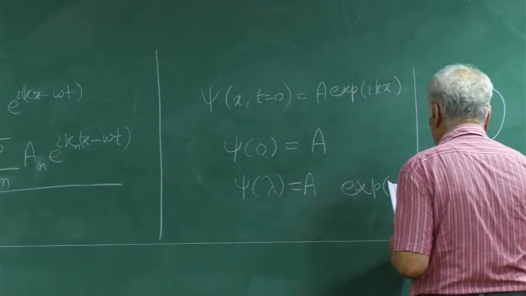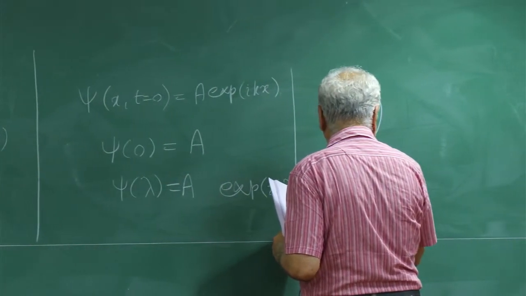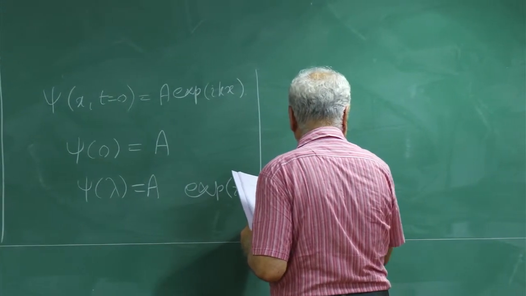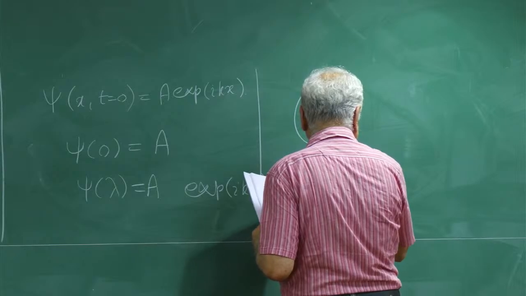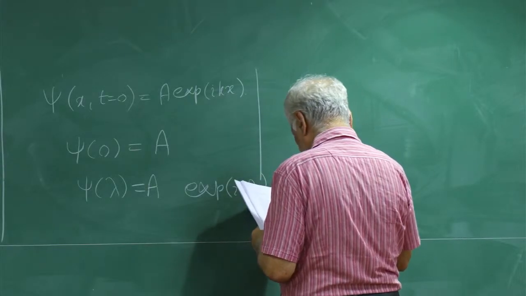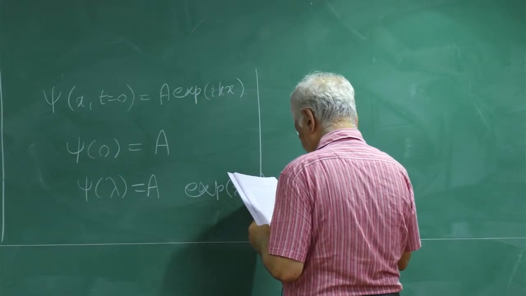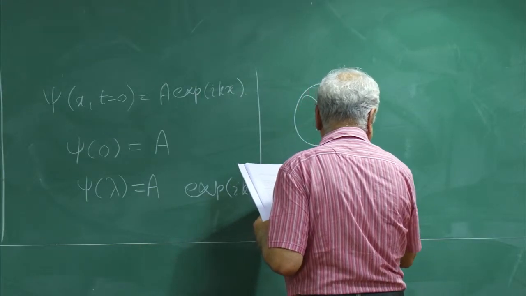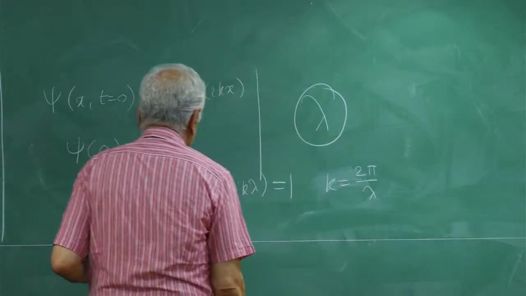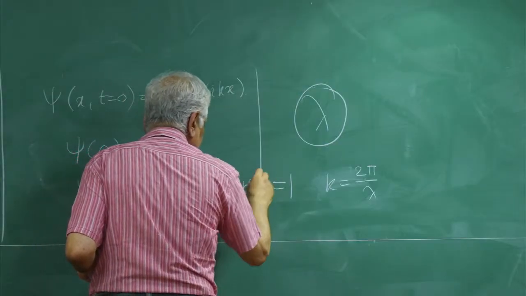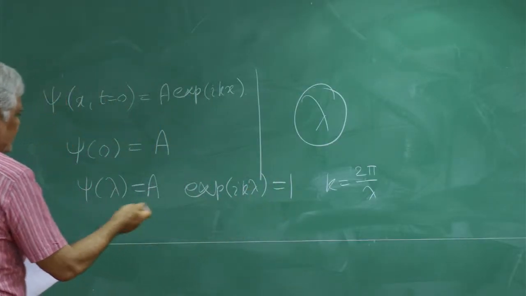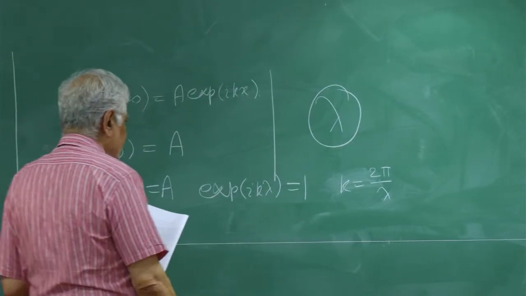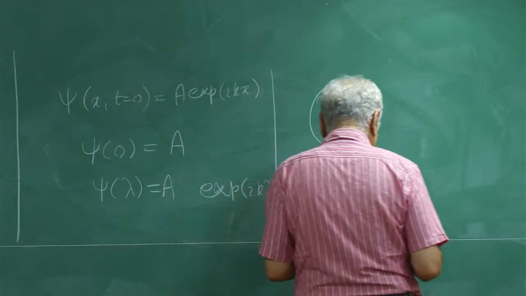So k equal to 2π by λ, because this will happen only when kλ is 2π. So kλ is 2π, that means k equal to 2π by λ.